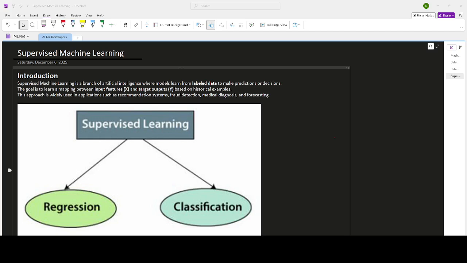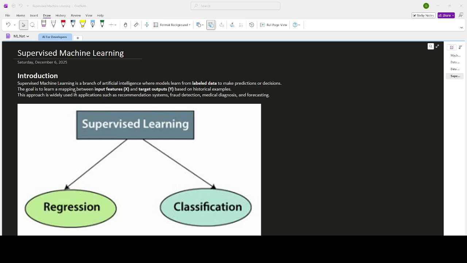Today we will talk about supervised machine learning and the types of supervised machine learning. Let's try to understand what is supervised machine learning. Supervised machine learning is a branch of artificial intelligence where a model learns from labeled data to make predictions or decisions.